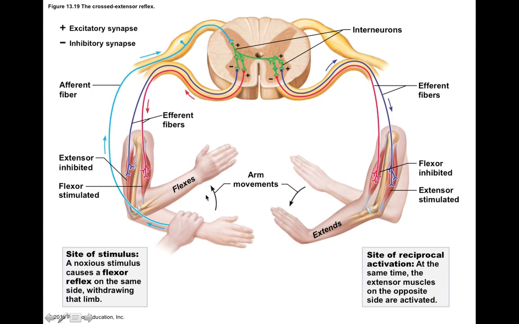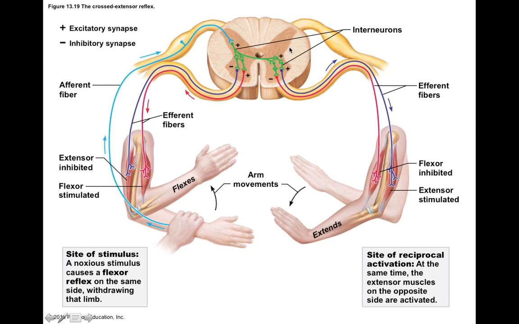Well, the foot that stepped on the glass could flex in response to a reflex, and simultaneously, because of contralateral inhibition and excitation, your other leg could extend to help bear its weight on this leg. And it does this by inhibiting the flexors and exciting the extensors. That way you can maintain your body position and shift your weight to the opposite leg so your other leg could withdraw from that painful stimulus.